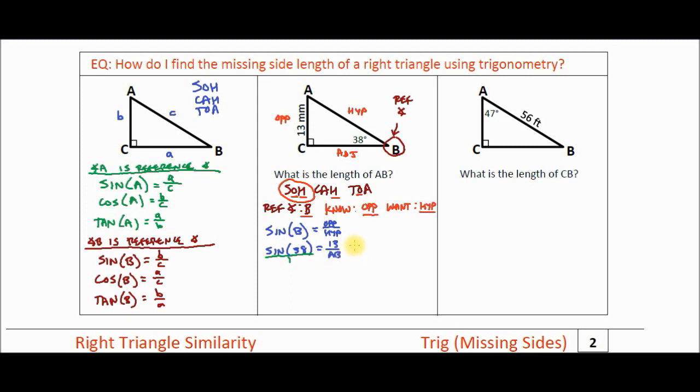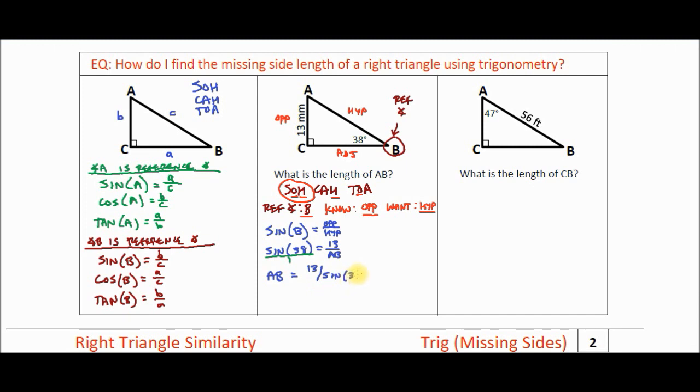It's the same as multiplying both sides by AB and dividing both sides by the sine of 38. So we can actually rewrite this equation directly. In this case, I can rewrite this as AB is equal to 13 over the sine of 38.